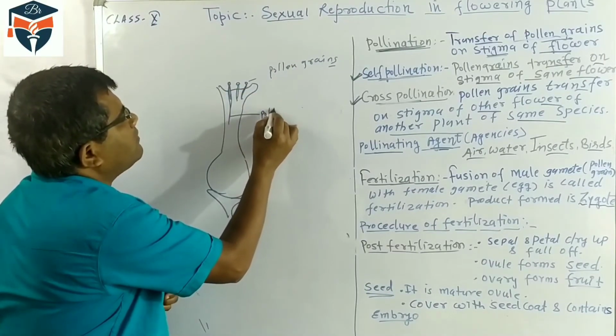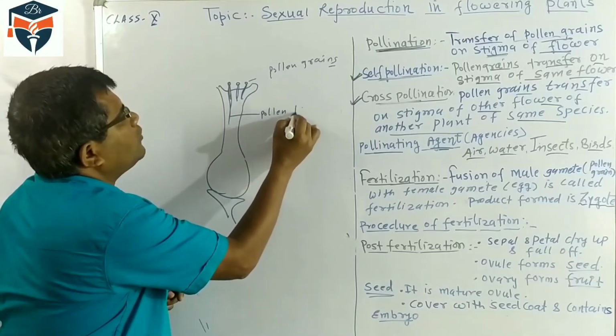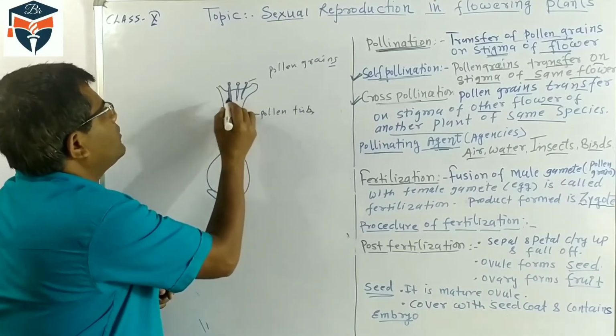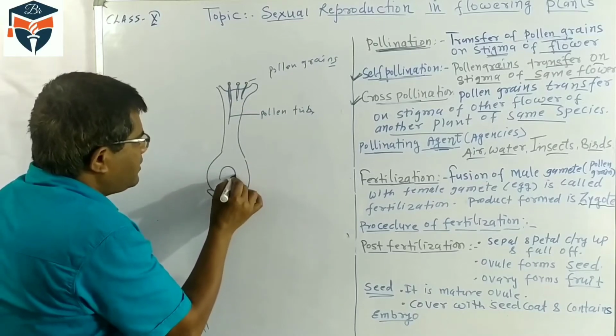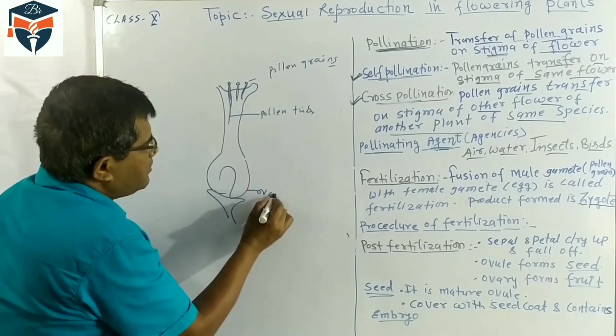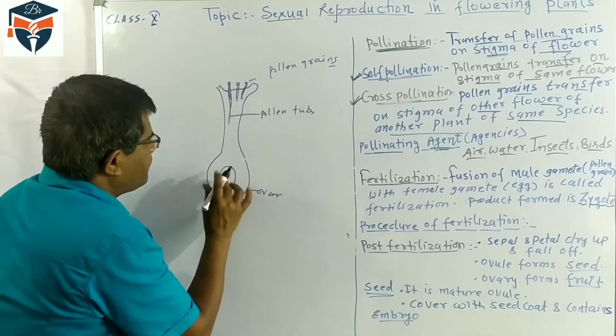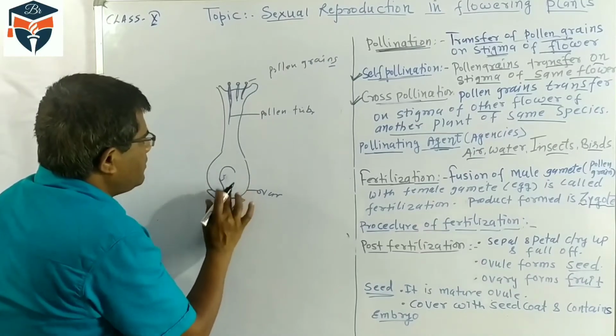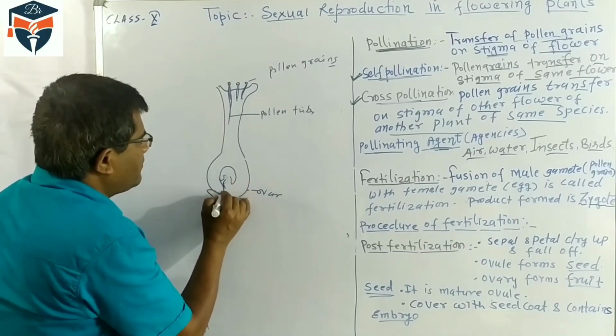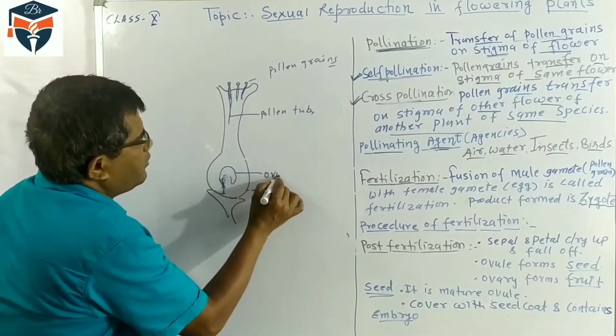This tube is called the pollen tube. Now here inside the ovary, this is the ovary part, there is an ovule. So inside the ovary there is an ovule part. This I have made as the ovule.